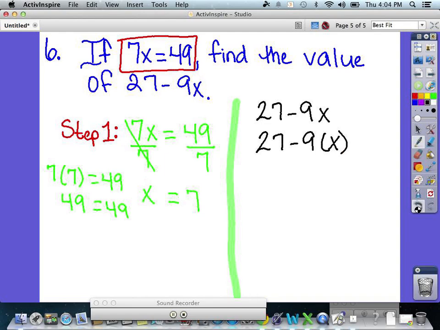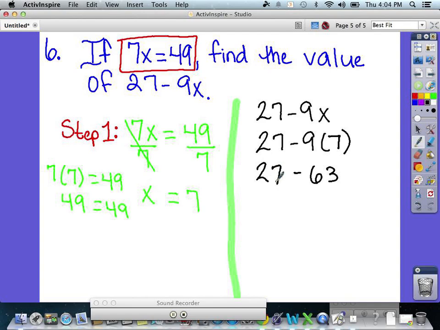9 times 7, excuse me, because we do know what x is now. Okay, now we have negative 9 times 7. That will give us negative 63. You're going to bring 27 down.